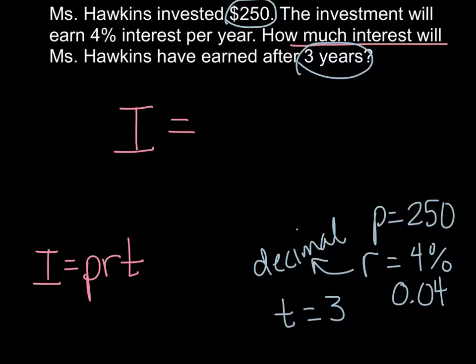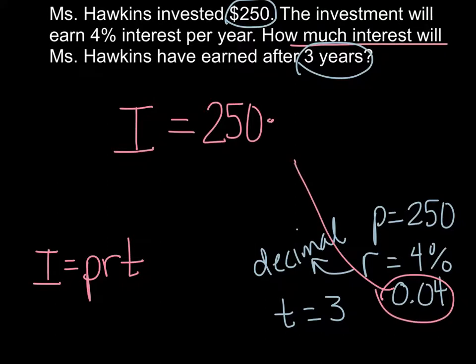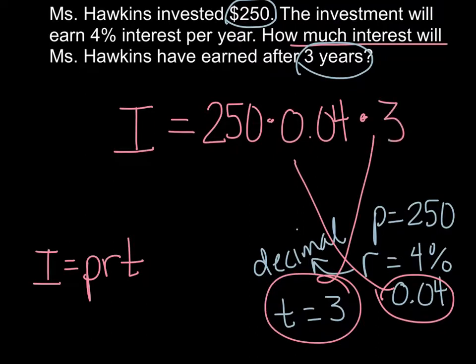So back up to my formula. Interest equals PRT: 250 multiplied by this decimal, 0.04, multiplied by my time, which is 3. Now, here comes the easy part.